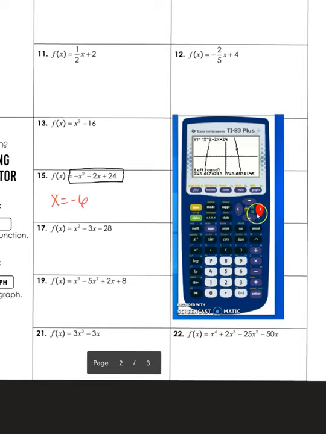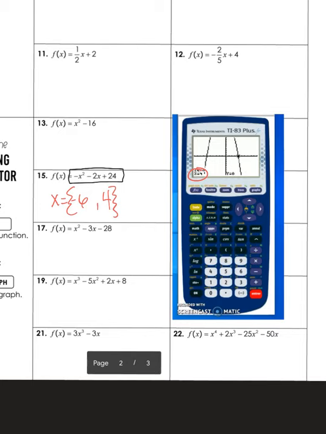There it is, and then hit enter. Then we move our cursor to the right and down a little bit for the right bound, and then enter again for guess. This one says our other 0 is x equals 4. So here are our two zeros.